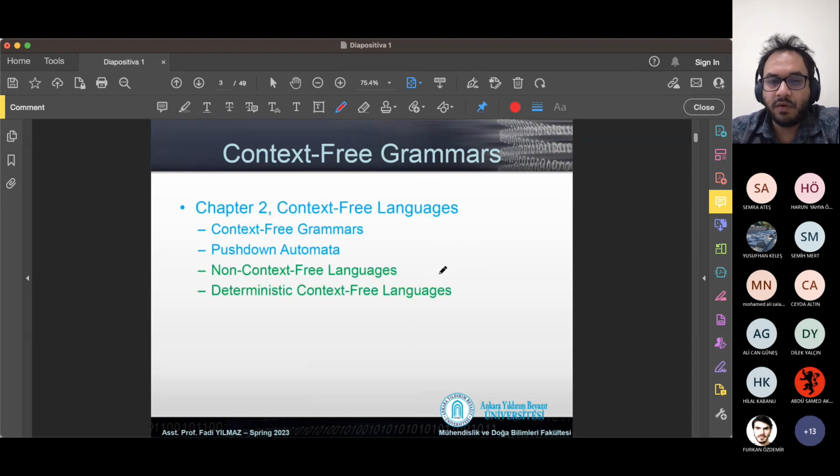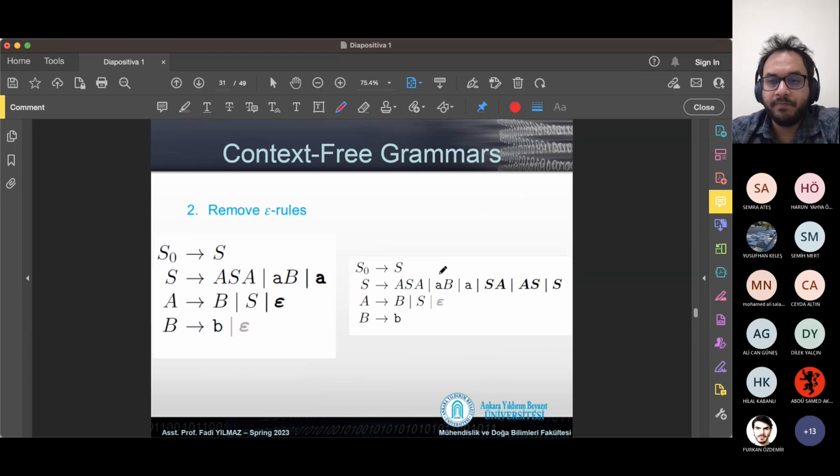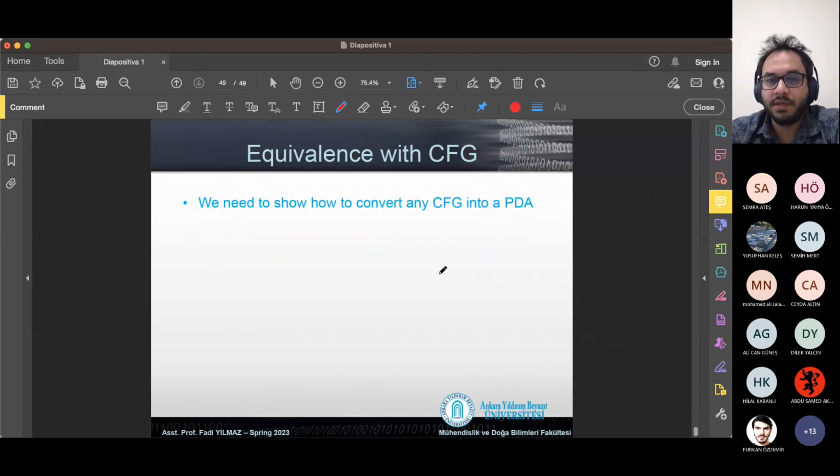I'll see if I need to show them. Maybe we can just jump to non-context-free languages and context-free languages next week. I have to see the syllabus to decide whether I'm going to tell them or not. This might be a little bit advanced, that's why I'm saying that. Any question?